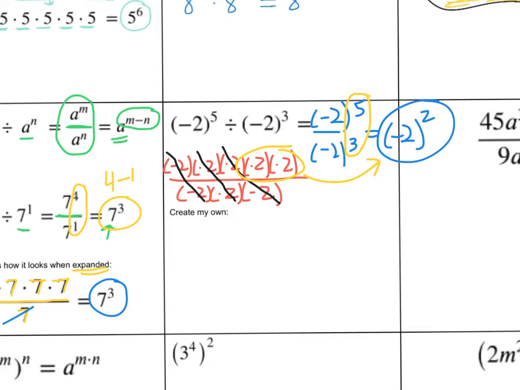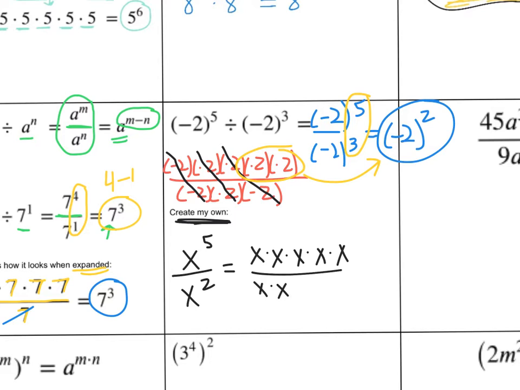So now it's your turn to create your own. In this space right here, create your own example. You could do it with letters if you wanted to. Let's see, x to the 5th divided by x to the 2nd. That would be x times x times x times x times x over x times x.